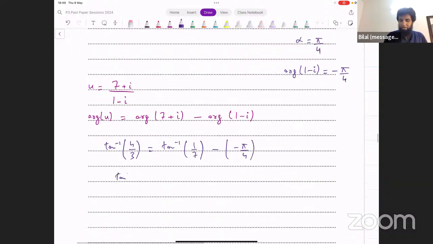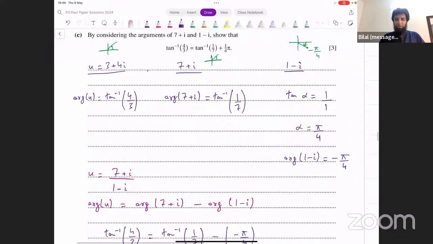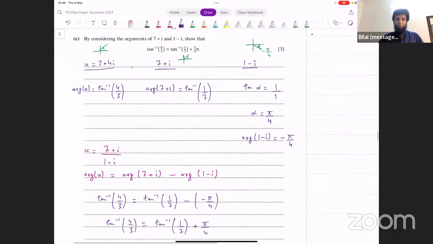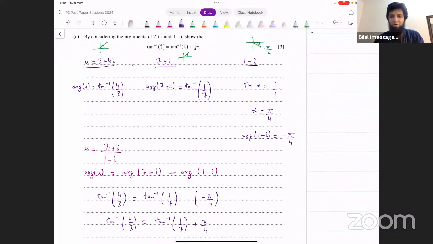And you get tan inverse of 4/3 equals tan inverse of 1/7 plus pi/4. And that is what we had to do here. We have proved that equation. That's all that we wanted to do here.